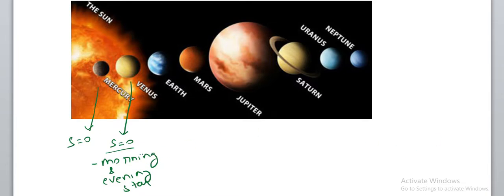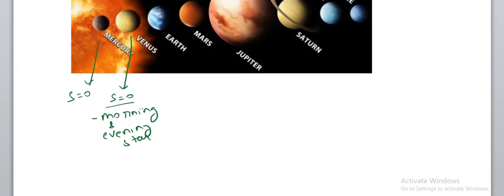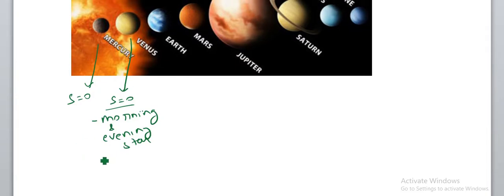So it is very bright and you can see it in early morning. Also this Venus is known as twin of the Earth because it is very similar to Earth in its structure and size as well.